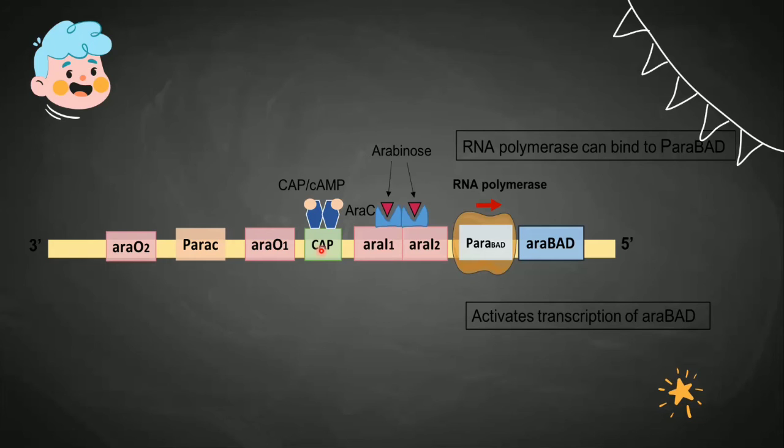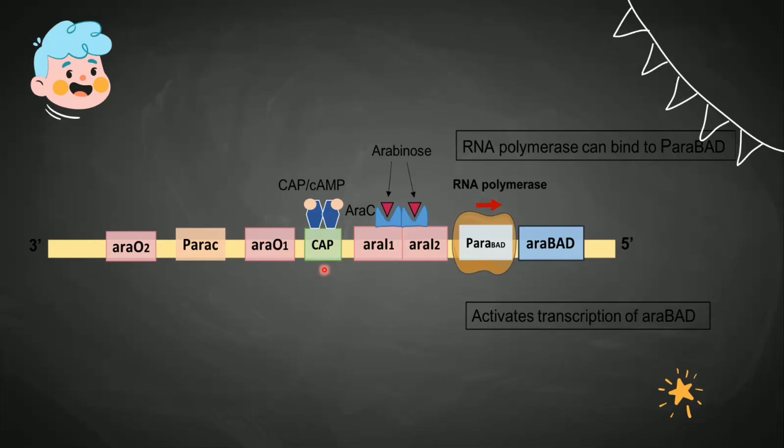The cyclic AMP route happens when there is complete absence of glucose in the system, and there are high levels of CAP protein, cyclic AMP, and also arabinose. So cyclic AMP and CAP protein will form a complex and bind to this CAP site.